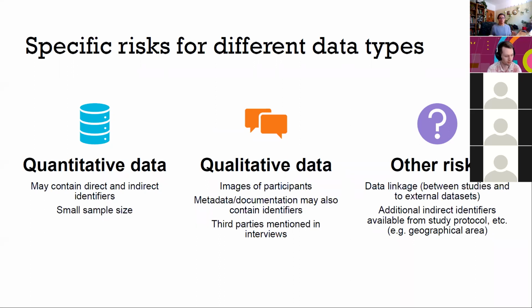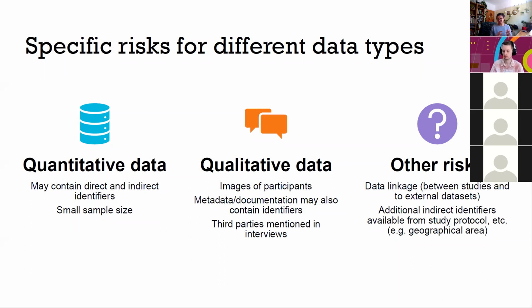And also, you may not mention anything about location in your data set itself, but in your protocol or your manuscript, you may talk about where people were recruited from. Depending on what the particular population is you're studying, that could be quite disclosive.